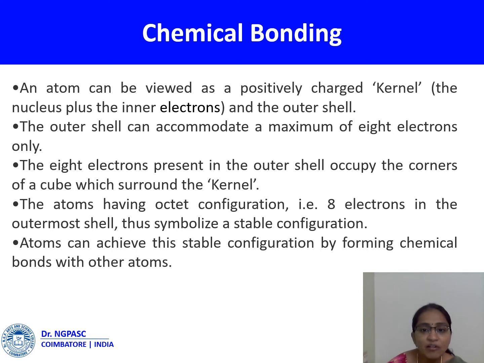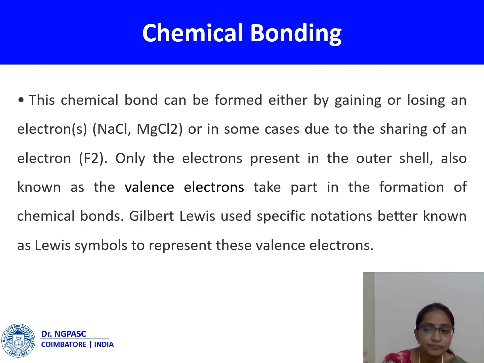Atoms attain the stable configuration by forming chemical bonds with other atoms. The chemical bonds can be formed either by gaining or losing electrons, or in some cases by the sharing of electrons.